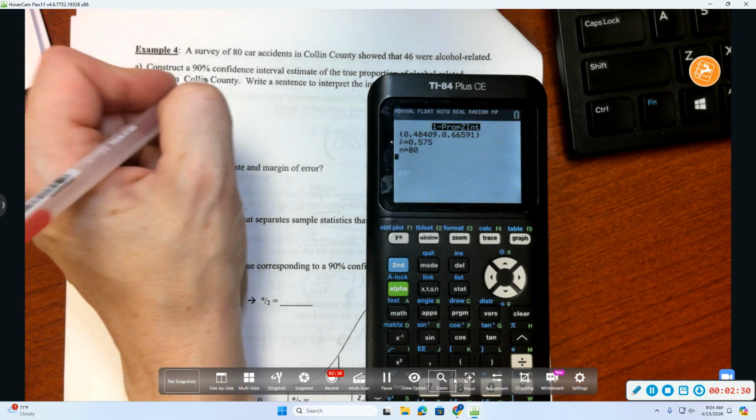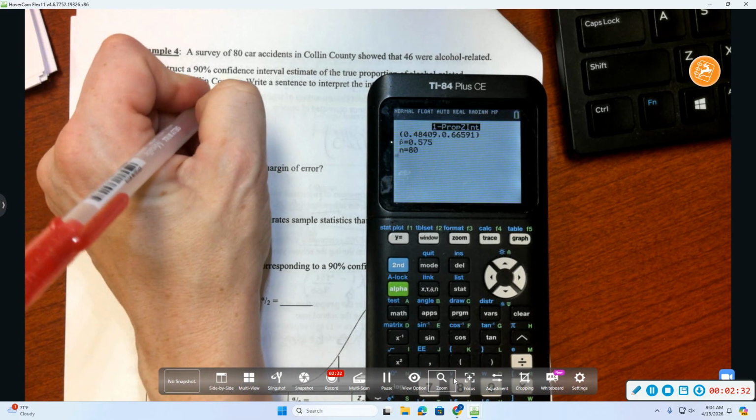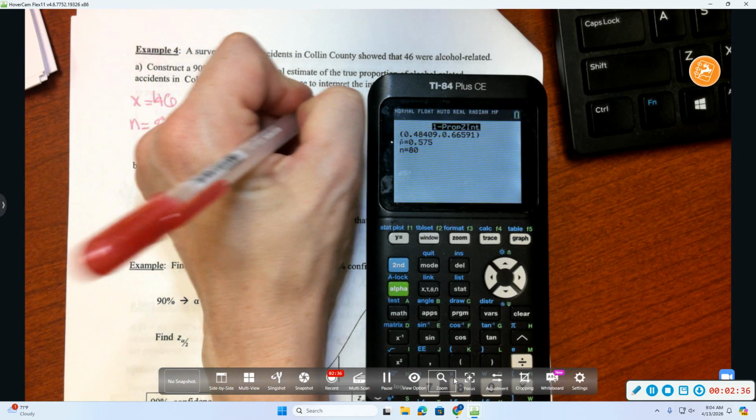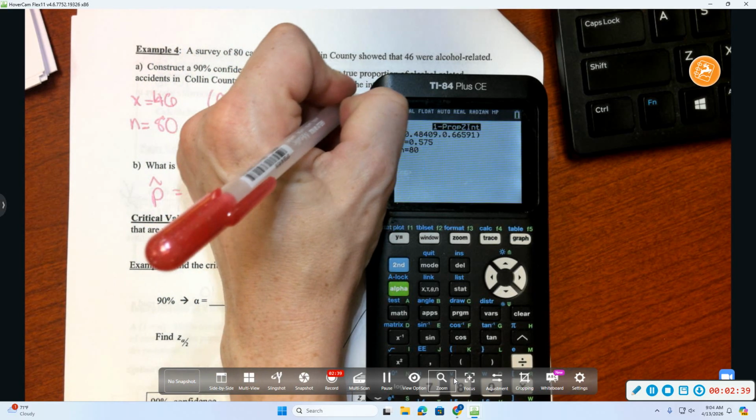Our confidence interval is 0.48409, 0.66591.